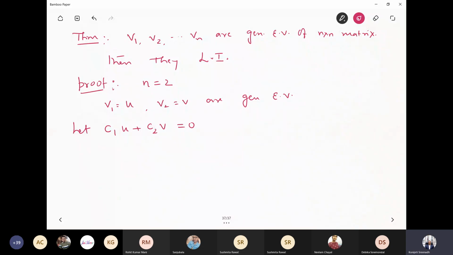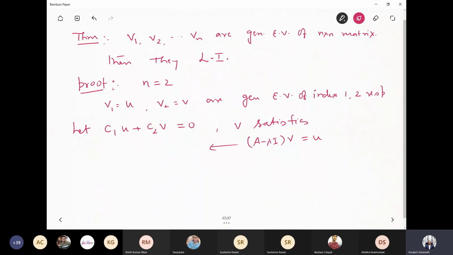U and v are generalized eigenvectors of index 1 and 2 respectively. So v is a generalized eigenvector of index 2, which satisfies (A minus lambda I) squared v equals 0. Therefore, plug this into this relation.